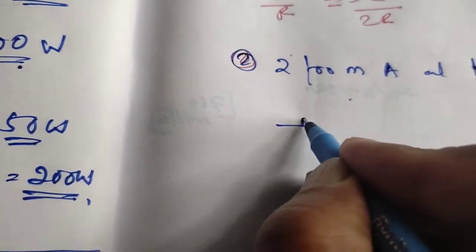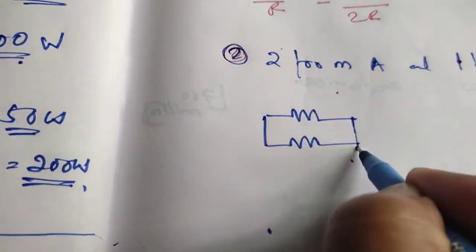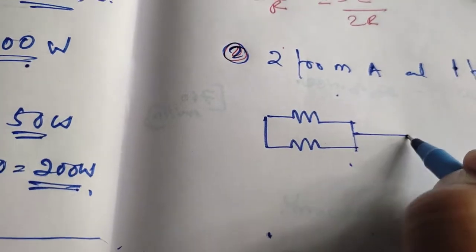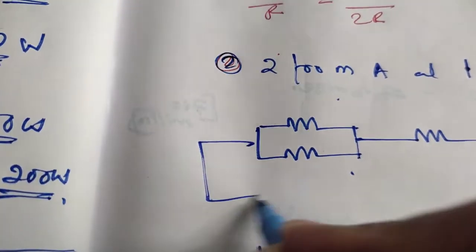Only two resistances will come into action in section A and one from section B. The circuit will be like this.